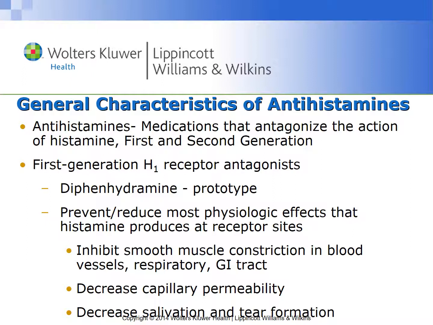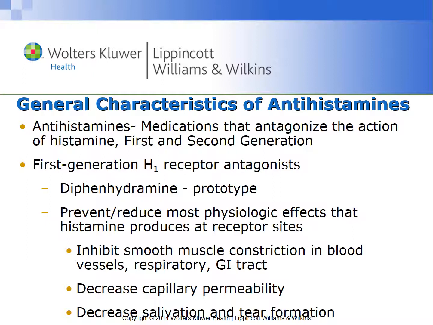So that's your first generation H1 receptor antagonist, and it can prevent or reduce most physiological effects of the histamine at the receptor site. So it's going to inhibit smooth muscle constriction in the blood vessels and respiratory tract and the GI tract. It will decrease the permeability of capillaries and decrease salivary and tear formation.